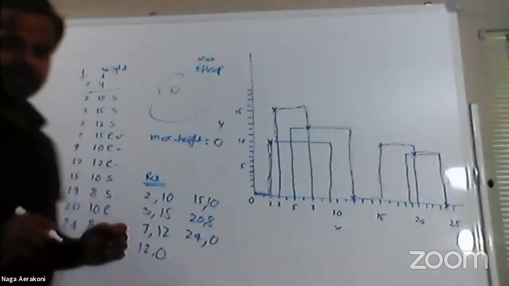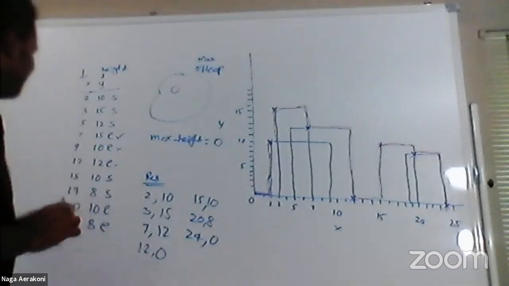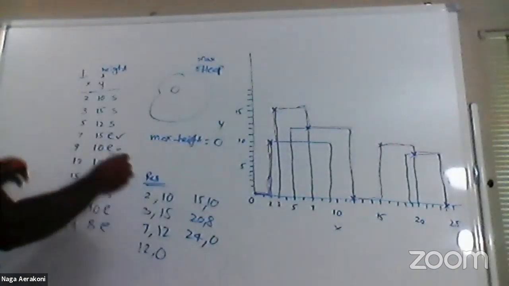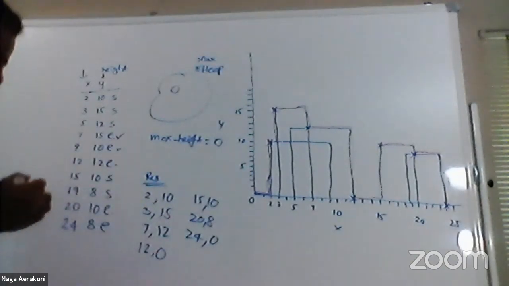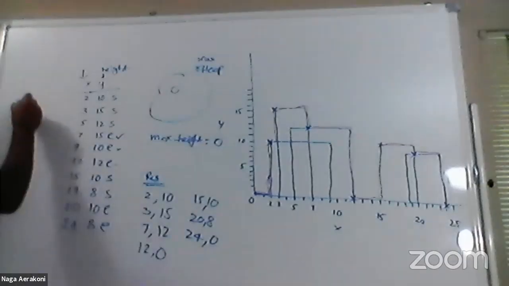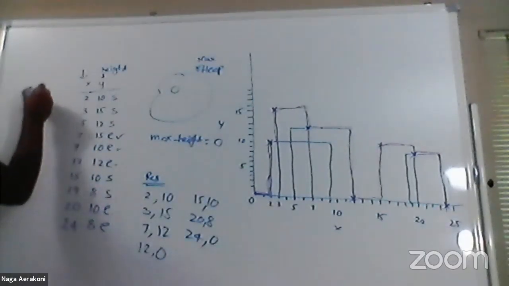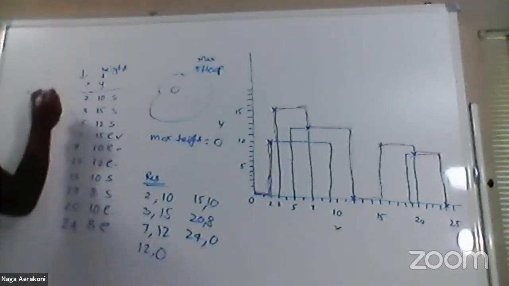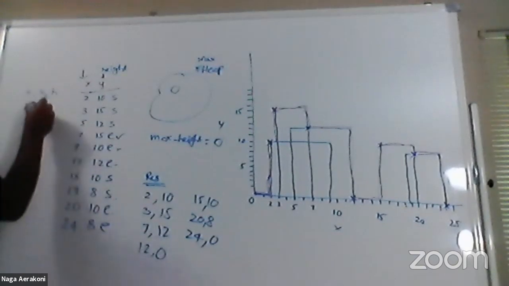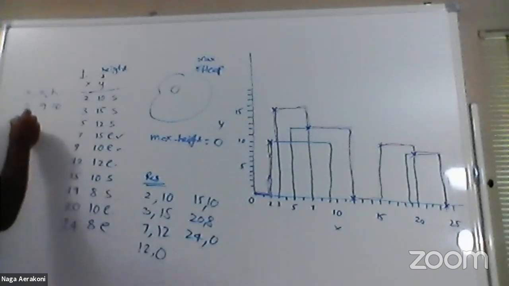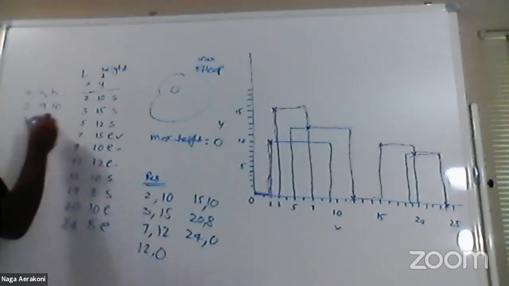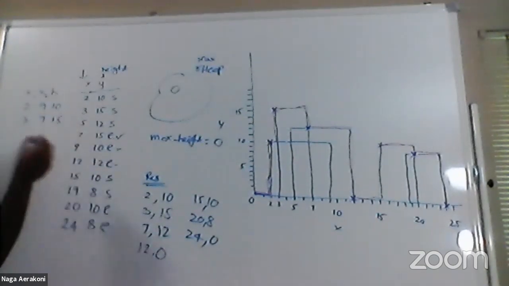Yeah, so let me just draw that. I'll quickly draw those list of points here. I think it's visible, right? Yeah, it is. So we are given x1, x2, and then the height. So we are given 2, 9, and 10. This is our input. And we are given 3, 7, and 15.